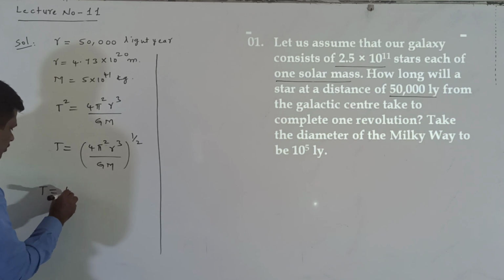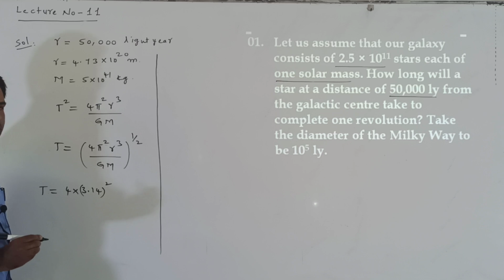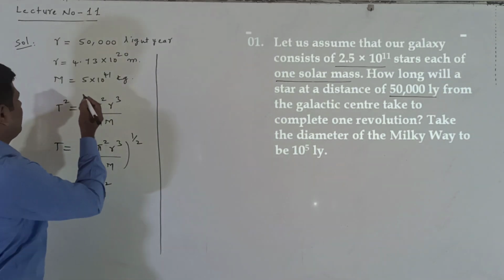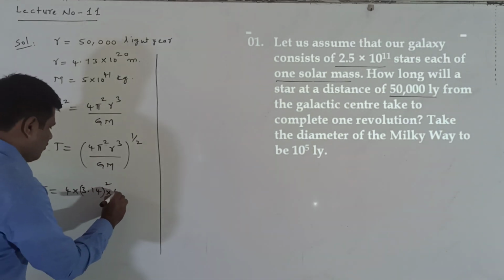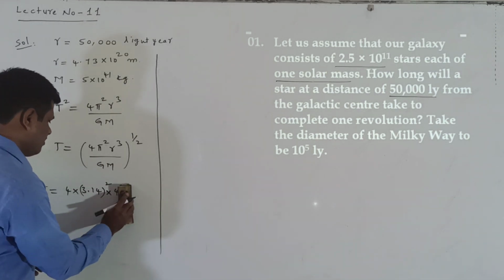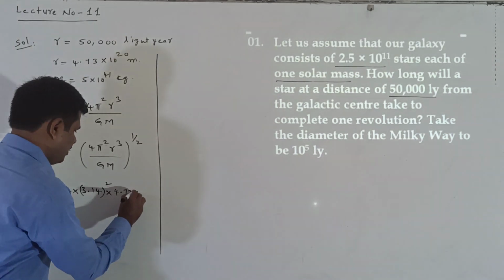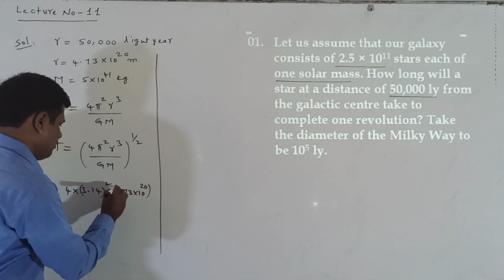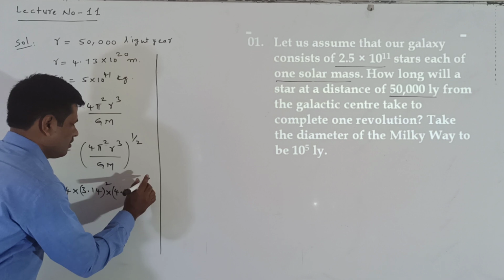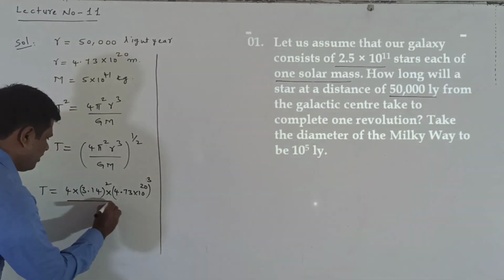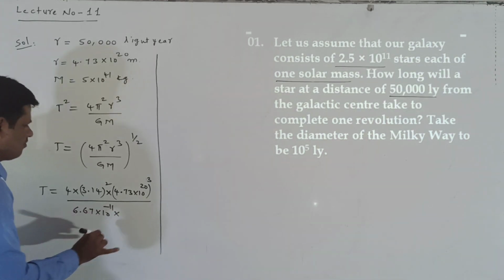T is equal to 4 into pi value 3.14, whole squared. The radius r, the distance, is 4.73 into 10 power of 20, whole cubed. The G value is 6.67 into 10 power of minus 11.